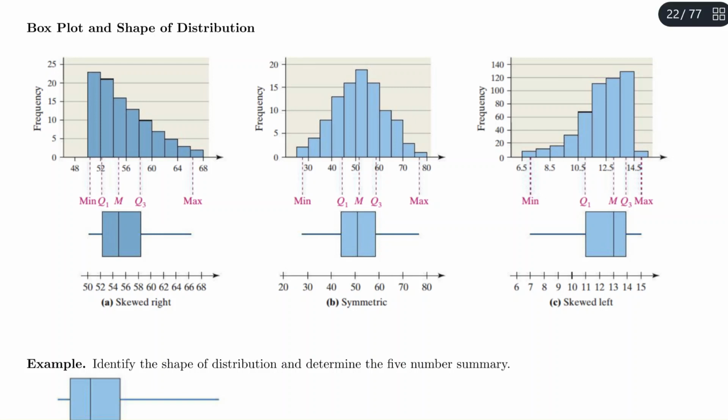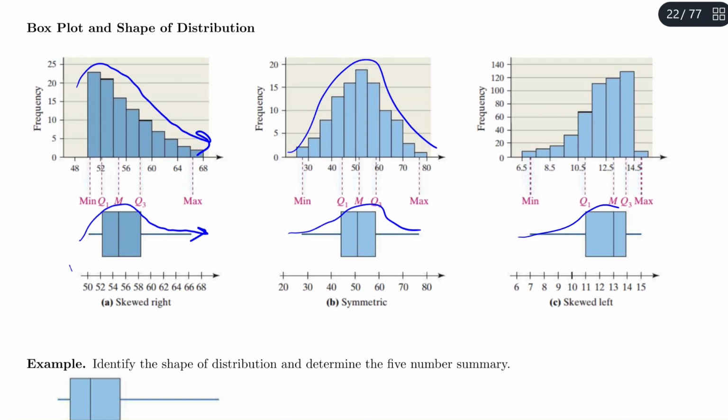If you have a box plot looking something like this, this box plot has a shape of skew right. We can think of it like this, just like this histogram, skew right. And it can also be symmetric and skew left, similar to the distribution.